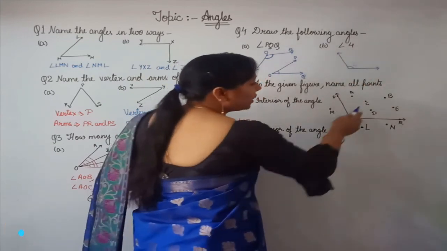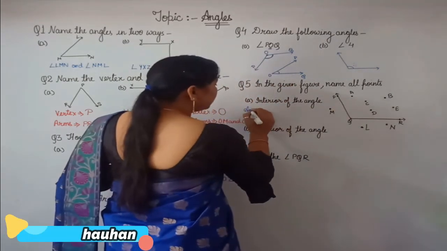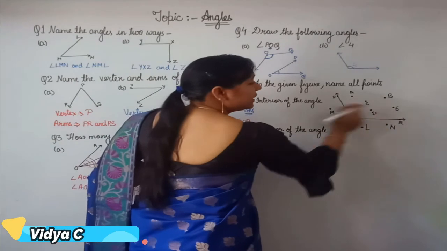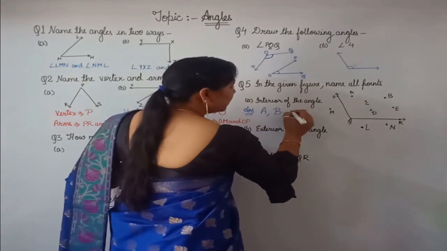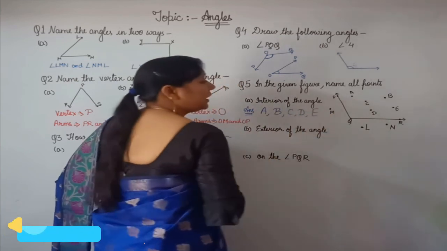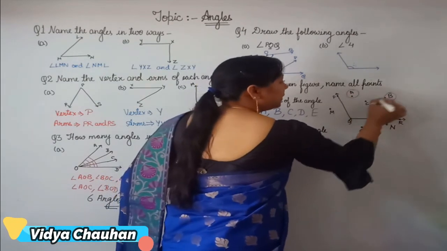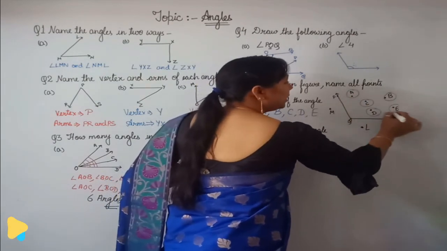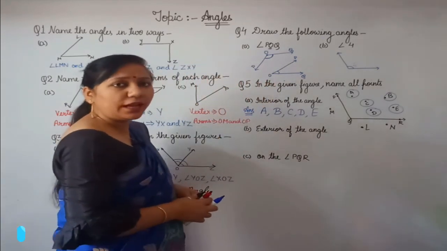So here what are the points in the interior of the angle? If I write its answer here. So what are the points in the interior? Point A, B, C, D and E. These are the 5 points in the interior of the angle.